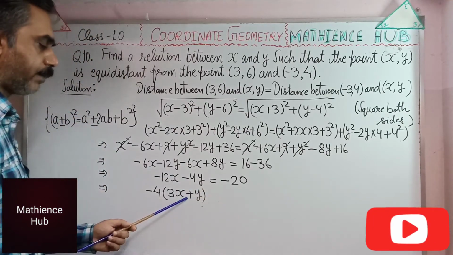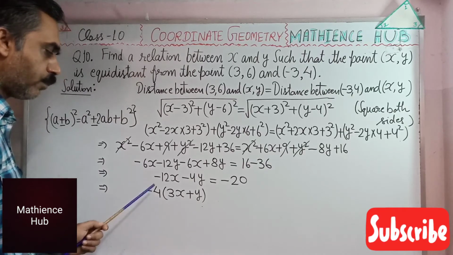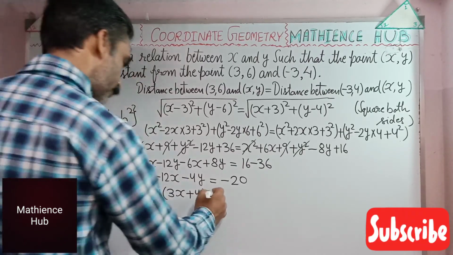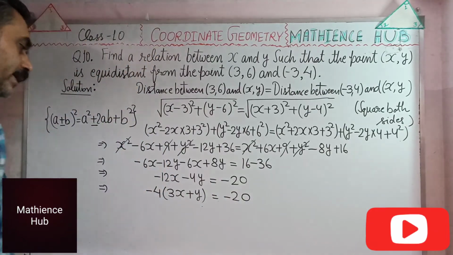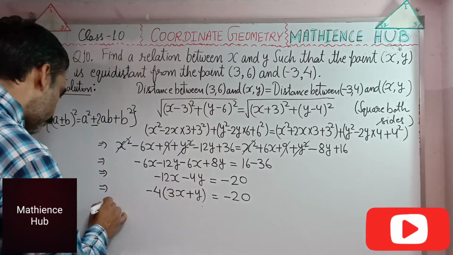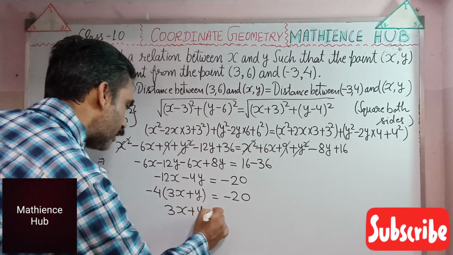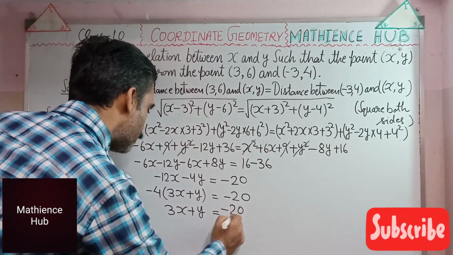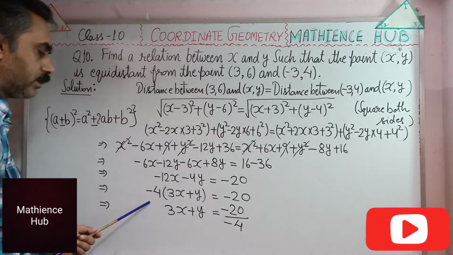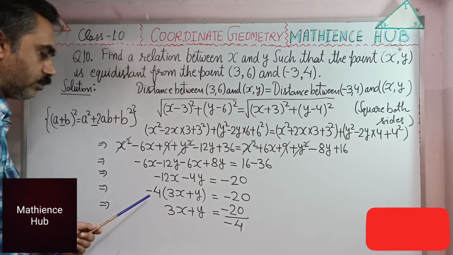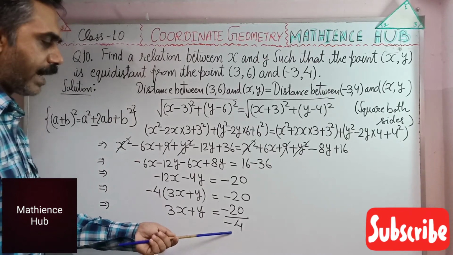The sign plus comes because we take common the minus sign, so minus minus is plus, and minus 20 on the right hand side. 3x plus y equals minus 20 upon minus 4, because minus 4 is multiplying on the left hand side, so it comes to the right hand side as divide.